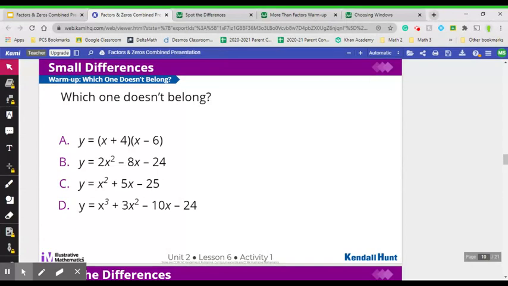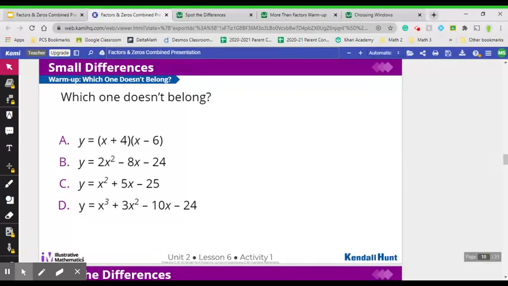So take a moment to consider choices A through D here, of which one of these functions does not belong with the other three. Now, there's no wrong answer or right answer here per se, but you can make a case for two different ones, I think. One case you can make is that choice A is the only one in factored form. That's one answer you could have thought of.